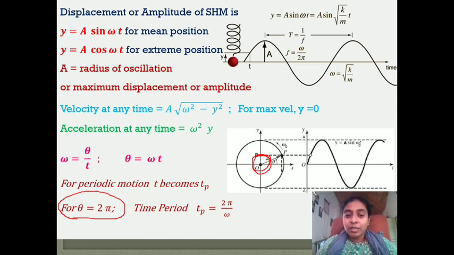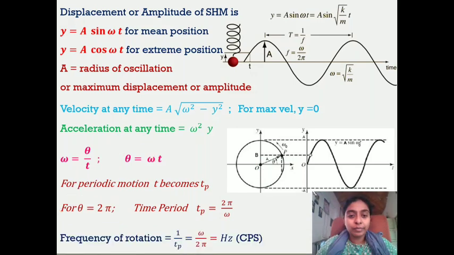Right? From theta is equal to omega t, t is equal to theta by omega. So theta is 2 pi, and for one complete revolution, Tp is equal to 2 pi by omega.